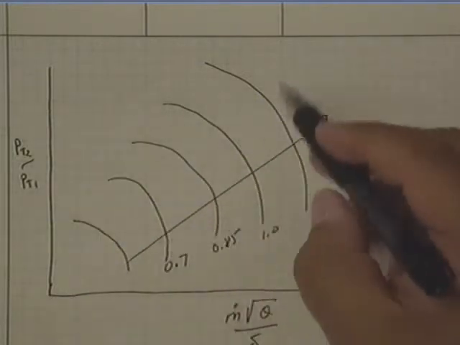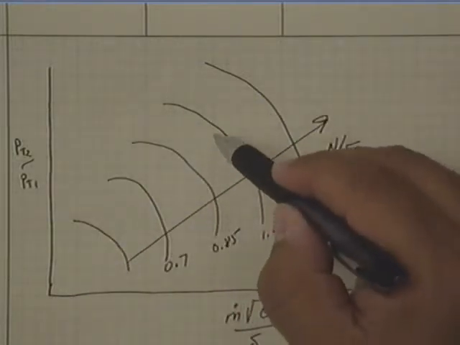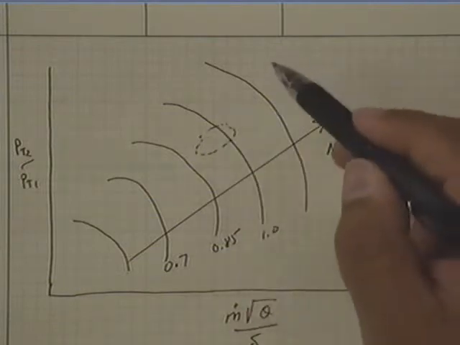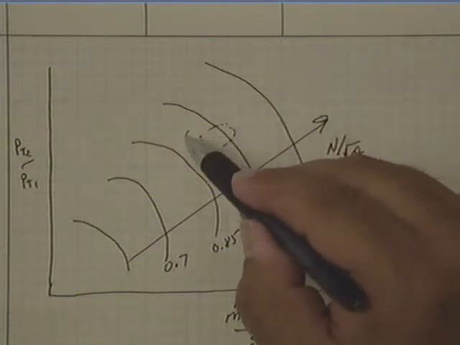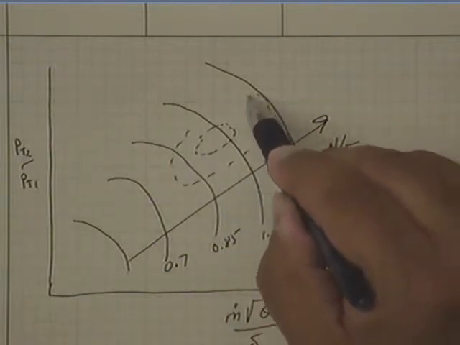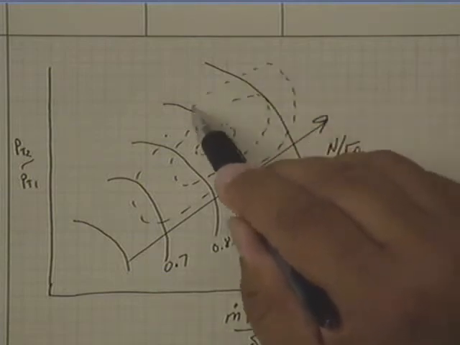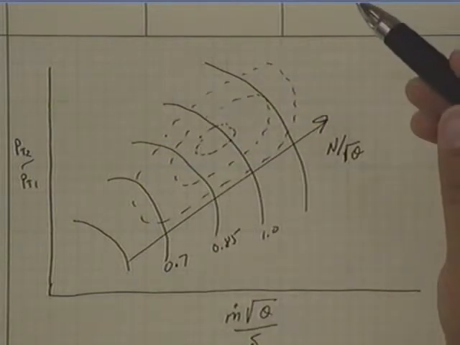Superimposed on here would be contours of constant efficiency. And because of the way they look in this plot, a lot of people call these efficiency islands.